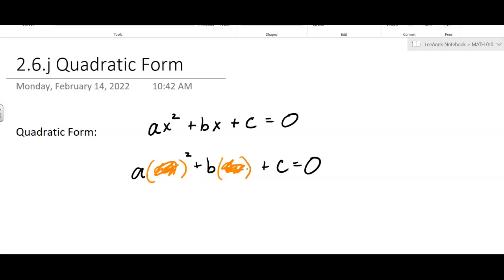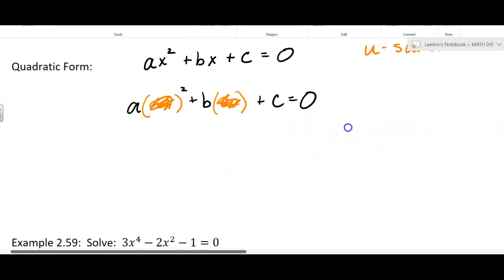But anyway, if it can get in that form of a quadratic equation, then what we can use is called a U substitution. U as in the letter U. Why does it have to be U? Most textbooks just use what's called a U substitution. With that, you can form au squared plus bu plus c equals 0.